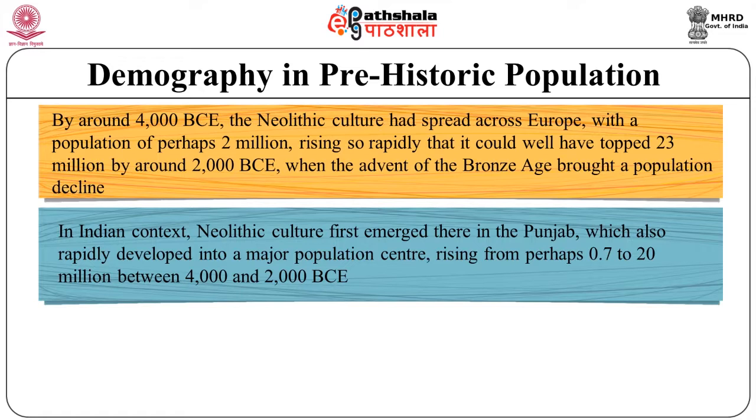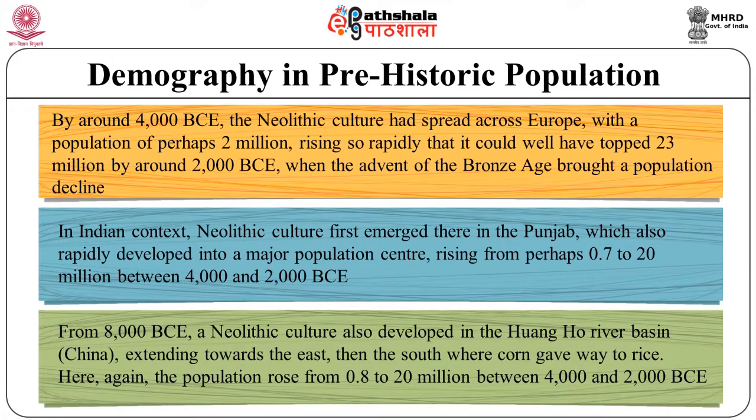In the Indian context, Neolithic culture first emerged in the Punjab, which also rapidly developed into a major population center, rising from perhaps 0.7 to 20 million between 4000 and 2000 BCE. From 8000 BCE, a Neolithic culture also developed in the Huanghe River basin, now in China, extending towards the east and then the south, where corn gave way to rice.